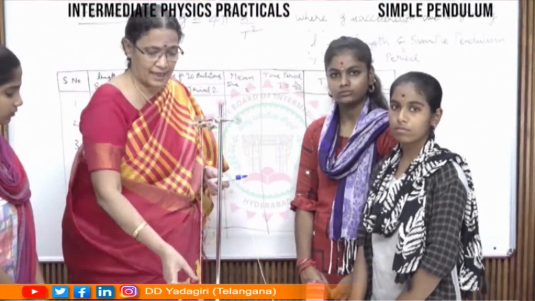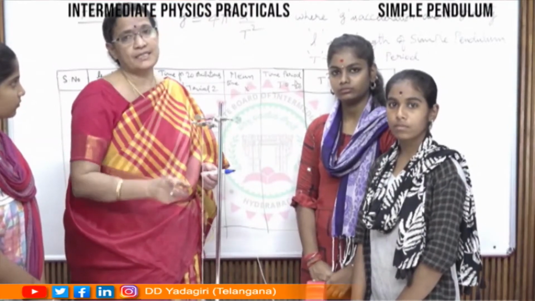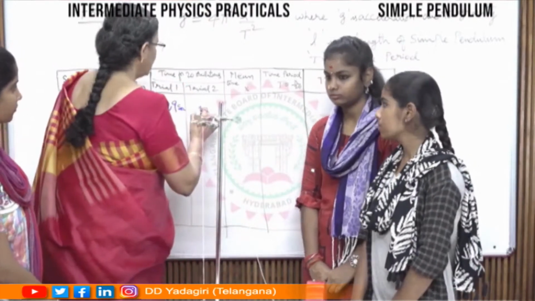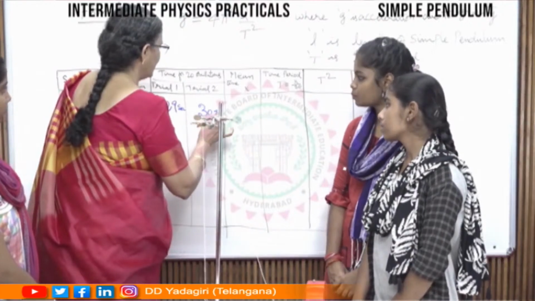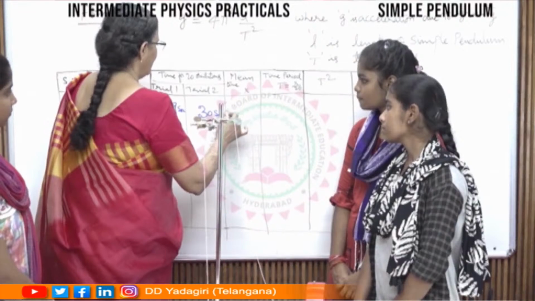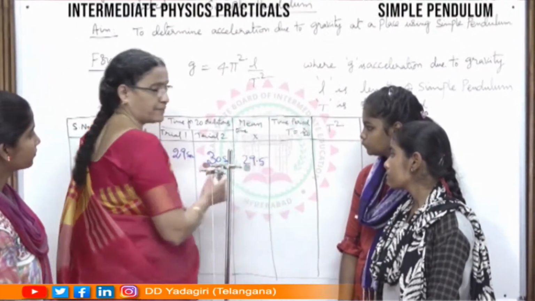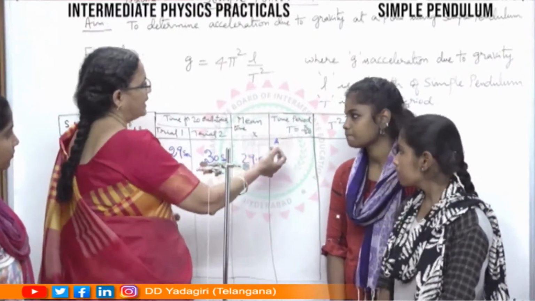To avoid that, I'm repeating the experiment a second time for the same length. So next time, say I got 30 seconds. I'm taking the average of these, which is 29.5 seconds.